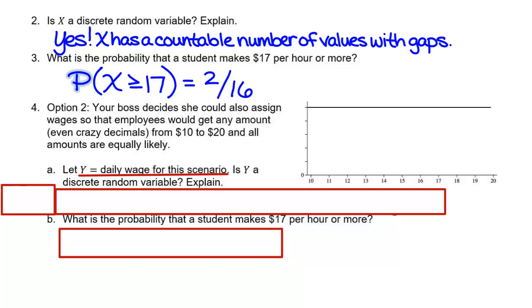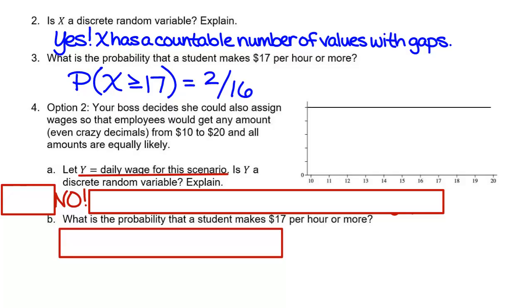No. I like your answer of no. Tell me why you said no. They all come right after each other. Using this model, would it be possible for somebody to make $12.75 per hour? Could they make 12.752391 per hour according to this model? Absolutely. We can have all these crazy decimals in here.